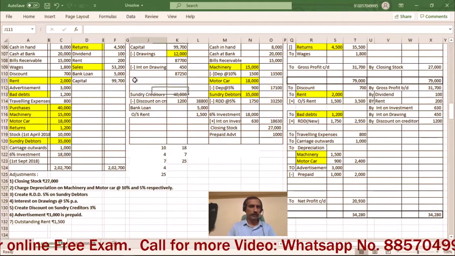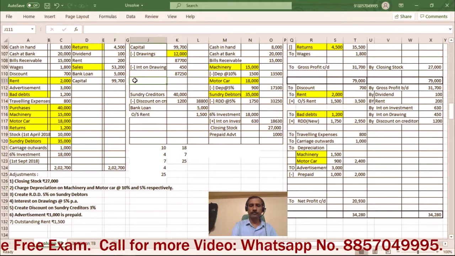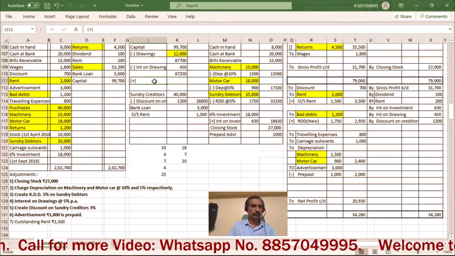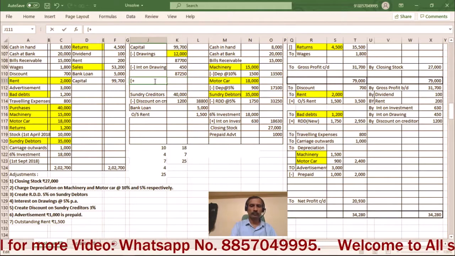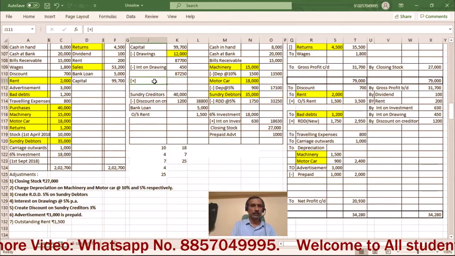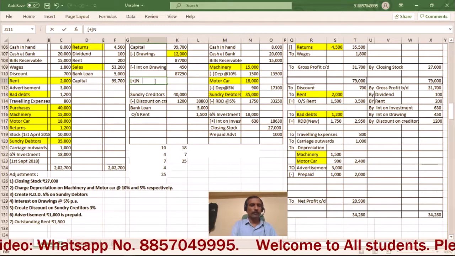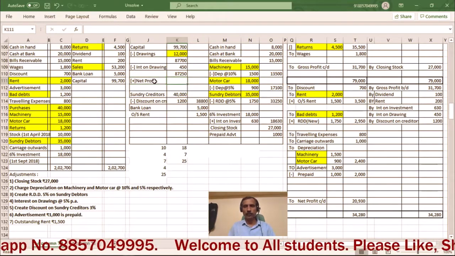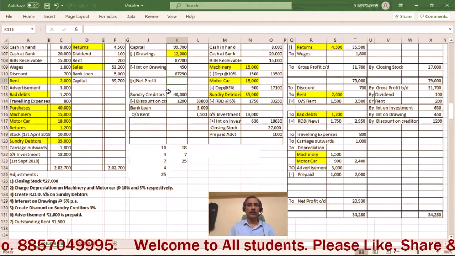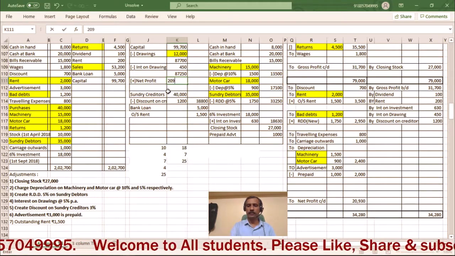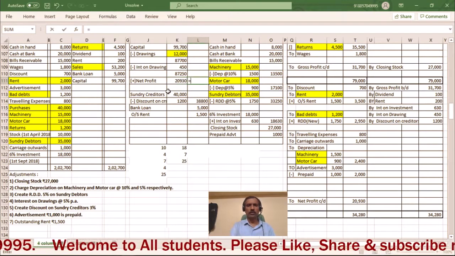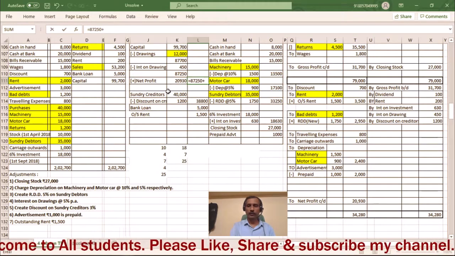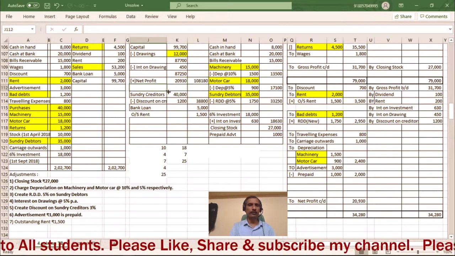Here write down plus net profit. What is the net profit amount? 20,930. So the total amount will be 87,250 plus 20,930.